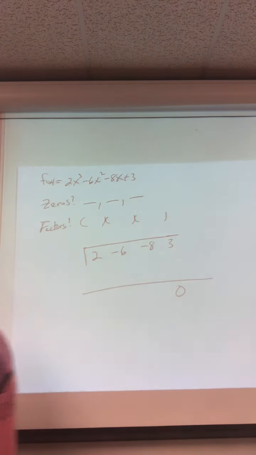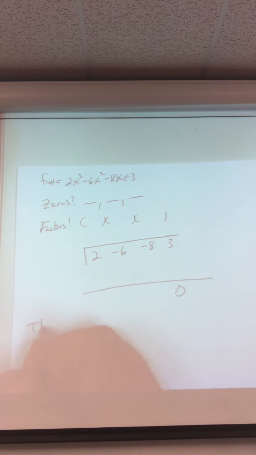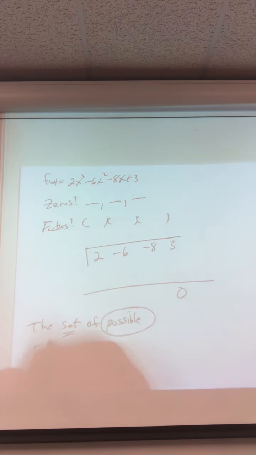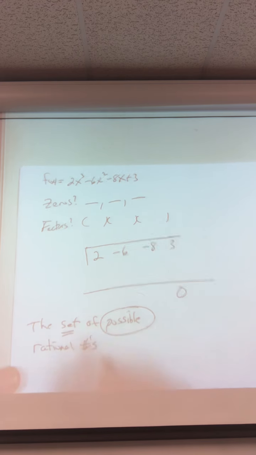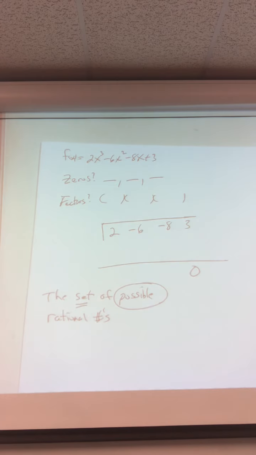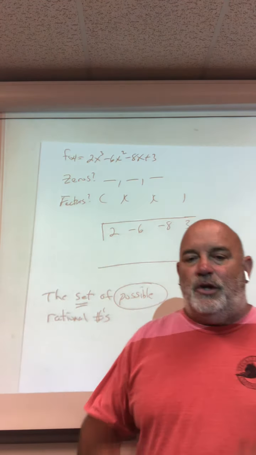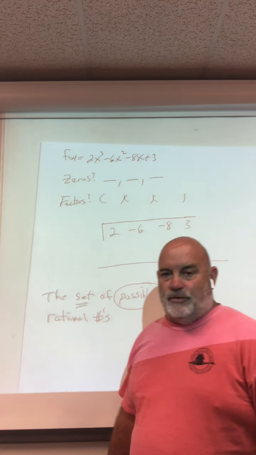The book calls it the set of possible rational numbers. The set of possible ones. So I'm about to show you how to generate a group of numbers.